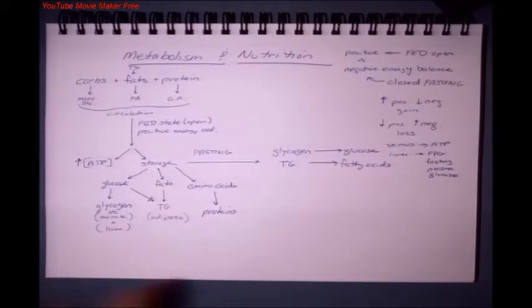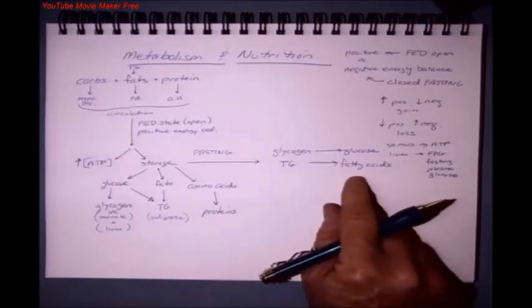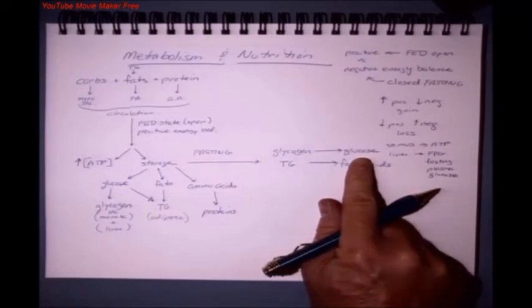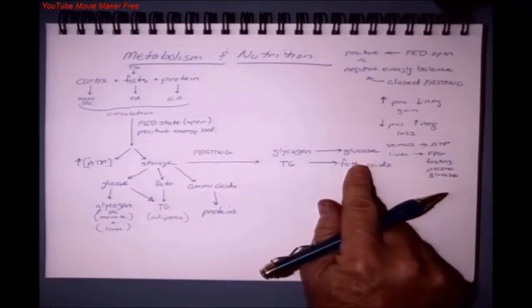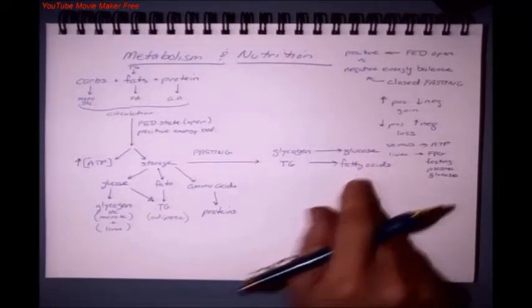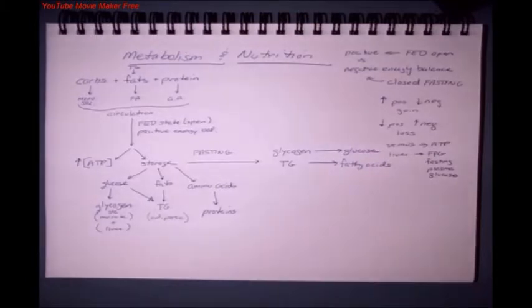And the reason for that is because glucose is our absolute number one primary energy source. Fatty acids are secondary. We will use mostly glucose in our fasting state first, and then we will shift to fatty acids.